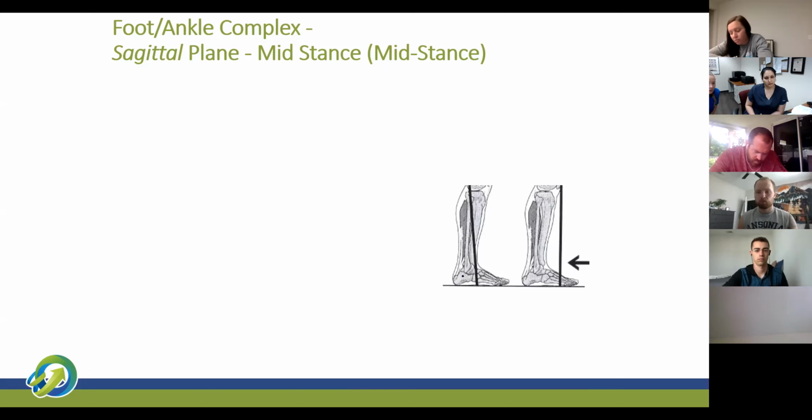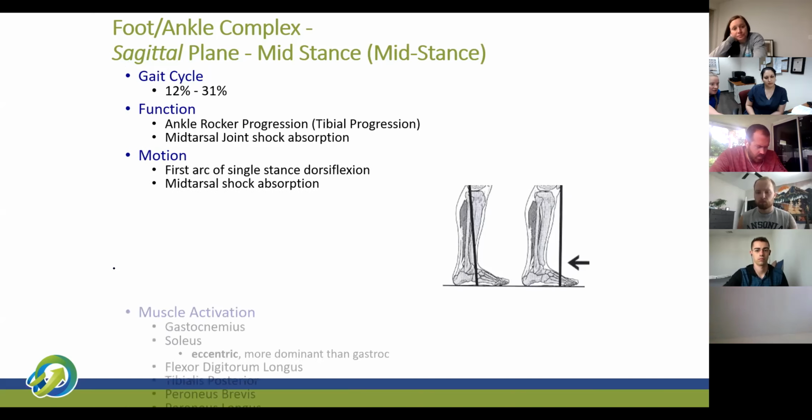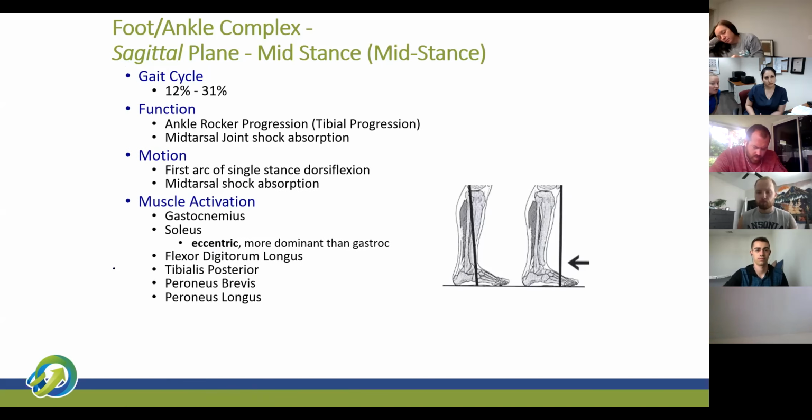So now we have gone from a posterior ground reaction force to an anterior ground reaction force, because we've gone from plantar flexion to dorsiflexion. If you can imagine, what is the passenger unit up to at this stage of gait, in mid stance? It's basically going to be right above this big bold line.